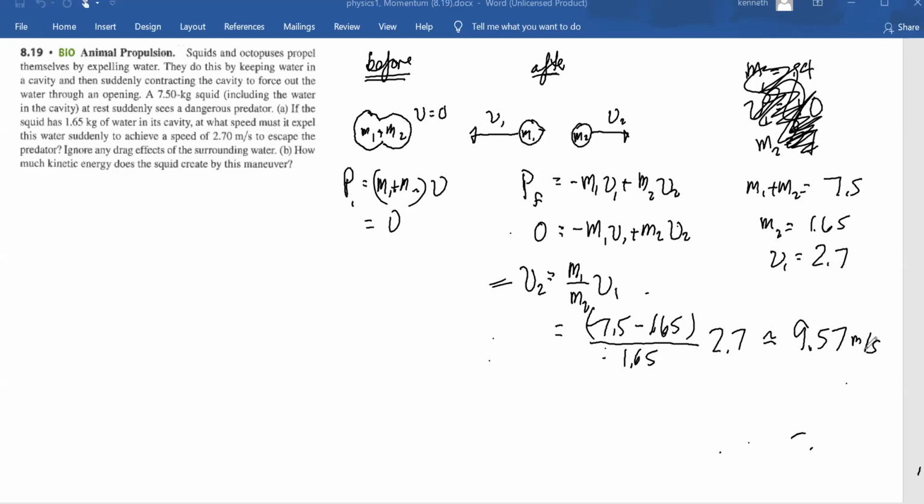For him to attain this speed of 2.7, he must squirt the water out at this speed, 9.57. So that should do it. For part B, you calculate the kinetic energies, K initial and K final, and both of them will have kinetic energies, and you just do the usual, and that will give you the two kinetic energies. Right?